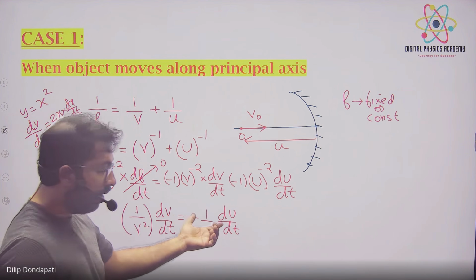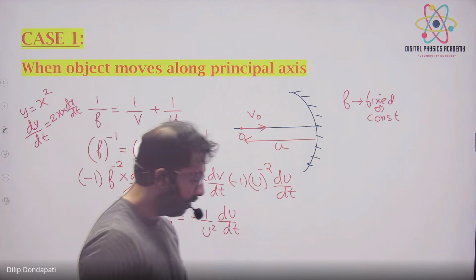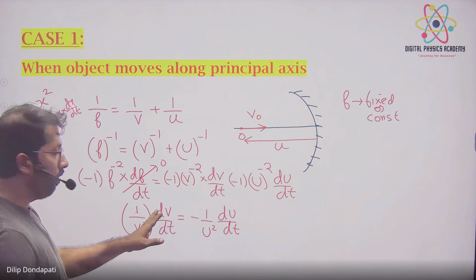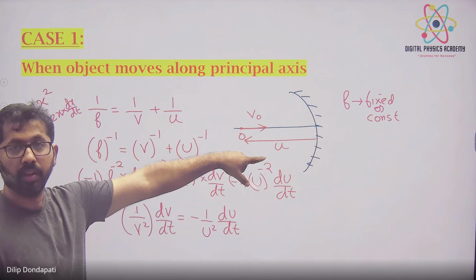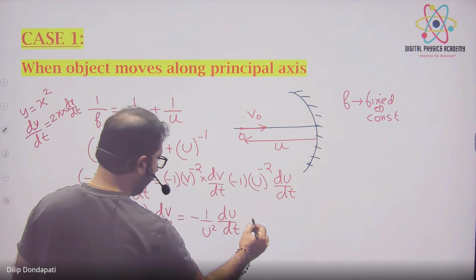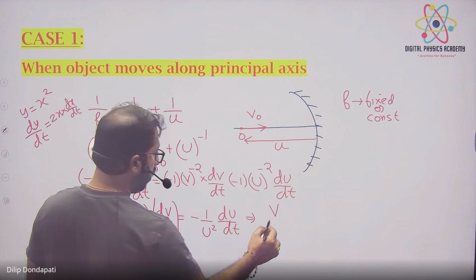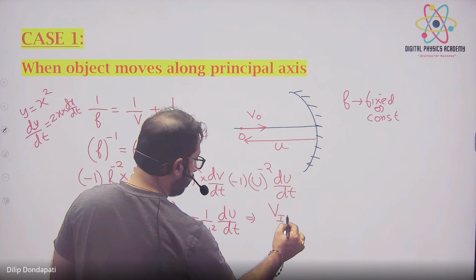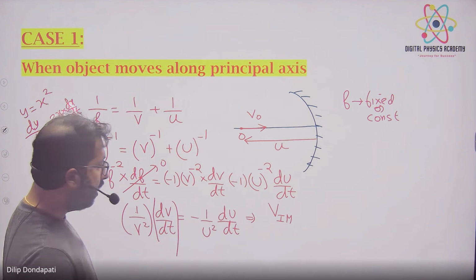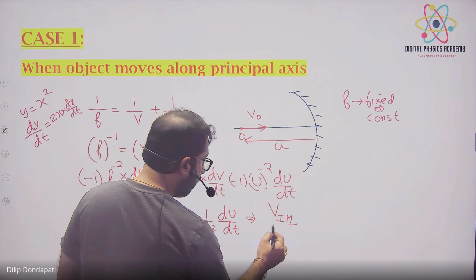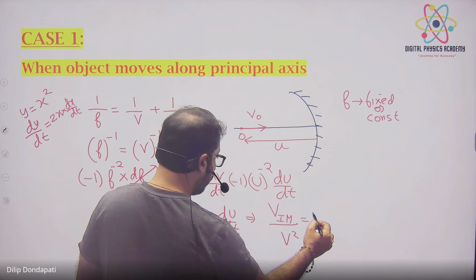Now what is dv by dt? This is nothing but the velocity changing with respect to time, with respect to the mirror only. So I can write dv by dt as the velocity of the image with respect to the mirror, by v square, is equal to minus 1 by u square.